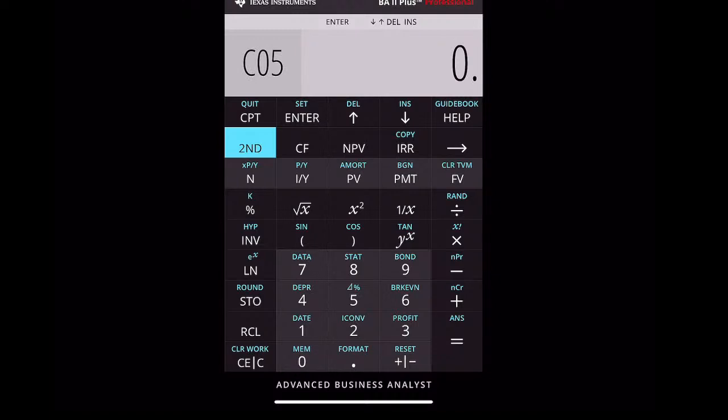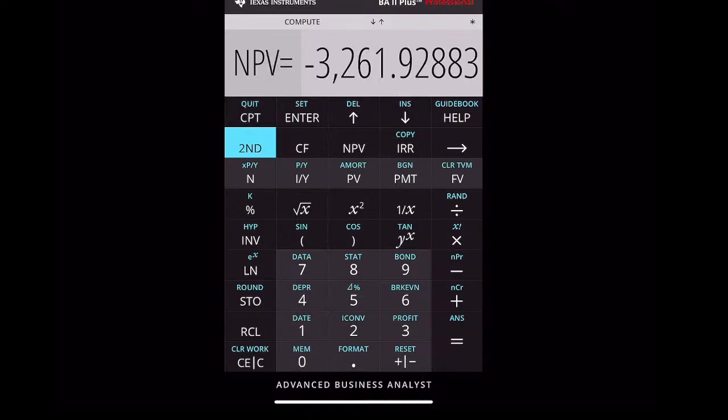And then you say NPV with an interest rate of 10, enter down, and compute. And that's the value. And I just take 2 decimal places. What I can do is store that, so I maintain all the decimal places for the next part. So now that's in store 1.